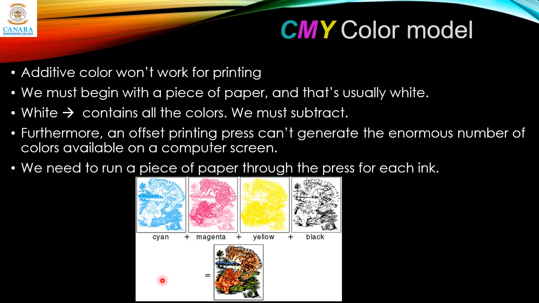As you can see, the background is white, and in order to get this image, we need to put cyan ink first, then the magenta, and then the yellow. Additionally, we can also use a black ink. We'll come to this topic later. Why do we need this additional black? All in all, three color pigments added together will generate a full color image.